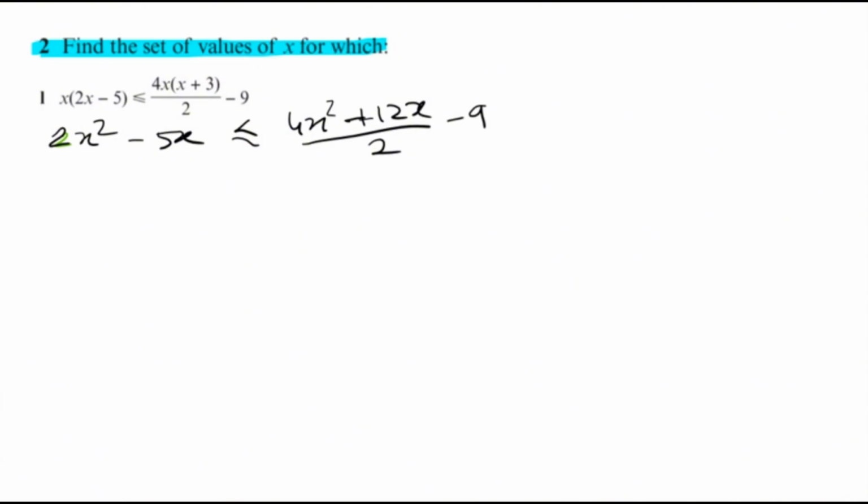Now if I have to remove this 2 as a denominator, I have to multiply the whole inequality by 2. So that will give me 4x squared minus 10x less than or equal to 4x squared plus 12x minus 18. This we don't have to multiply because this already has a 2.